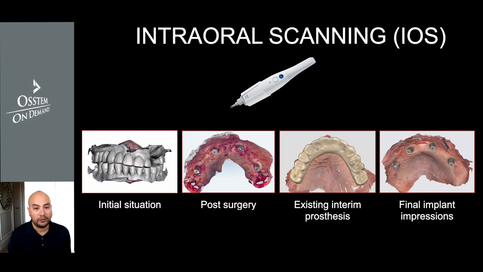It's quite easy to then capture the existing immediate prosthesis, and that's reliable, but we don't know yet whether it is a reliable tool to scan for final impressions. Now what we should do is look at the literature.